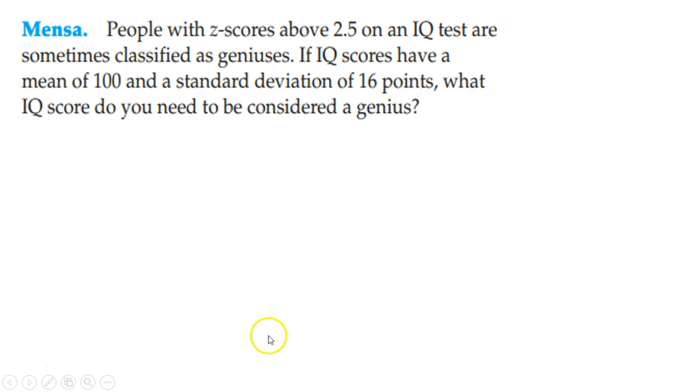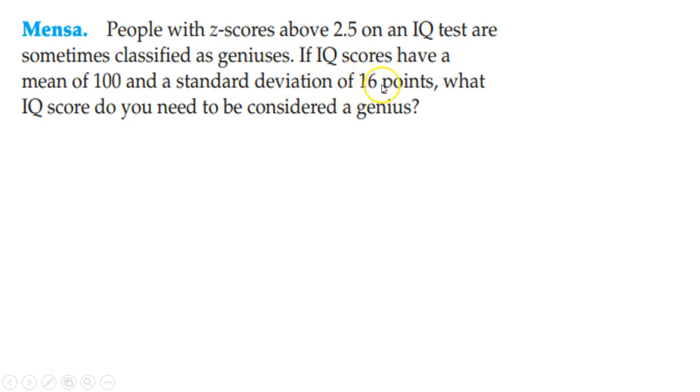People with z-scores above 2.5 on an IQ test are sometimes classified as geniuses because they're 2.5 standard deviations above the mean. If IQ scores have a mean of 100 and a standard deviation of 16, what IQ score do you need to be considered a genius? Well, 2.5 standard deviations, you could roughly eyeball this.